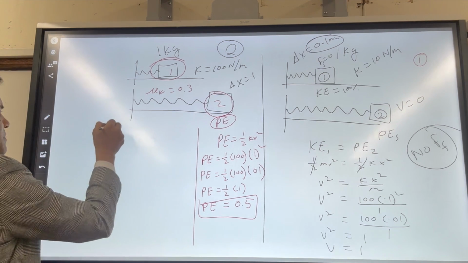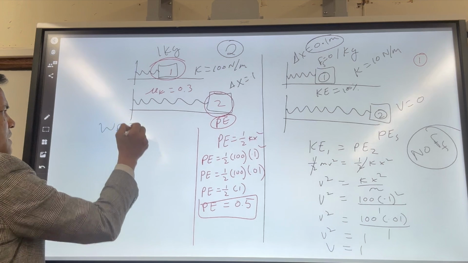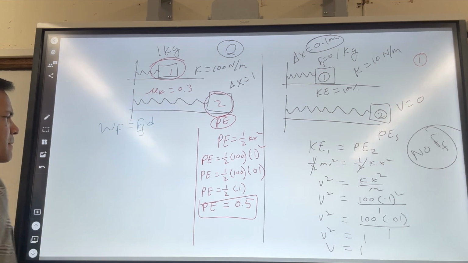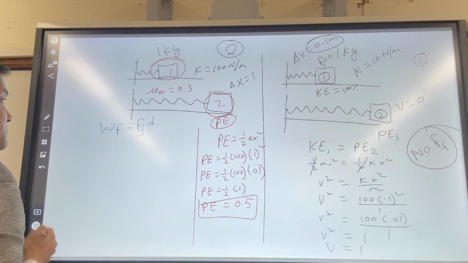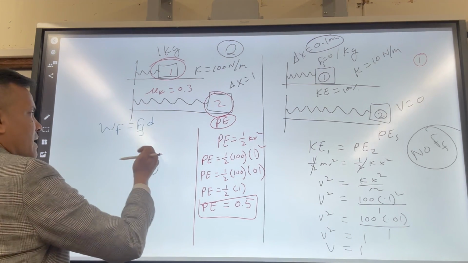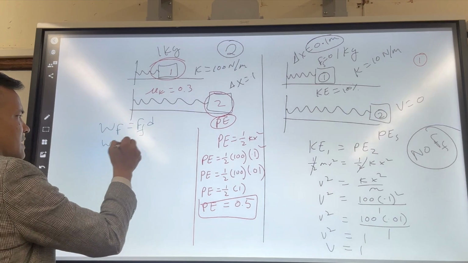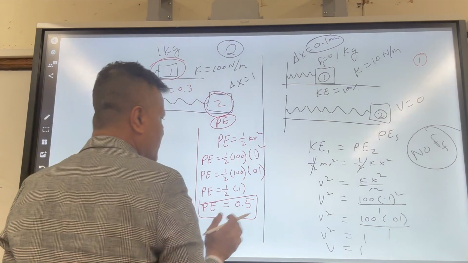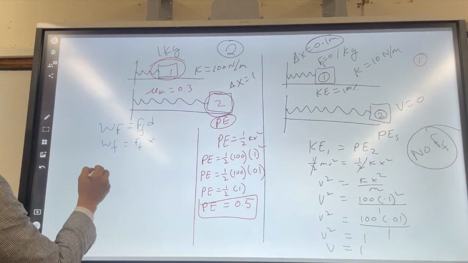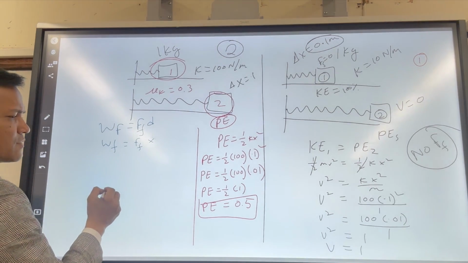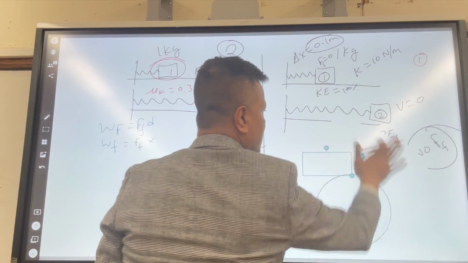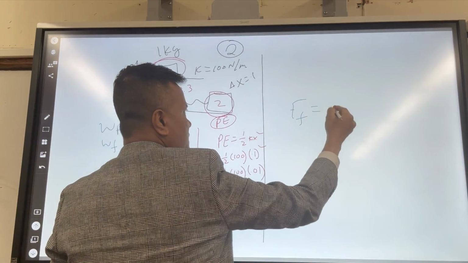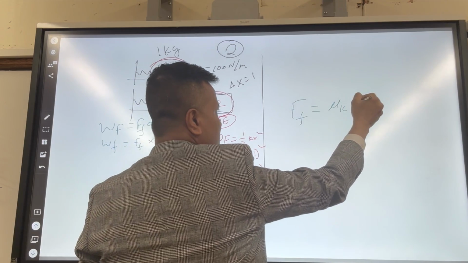Now, let's find the work done by friction. Work done by friction is of course Ff times d, and you can also write Ff times x. So what is Ff? Ff is of course mu k mg.